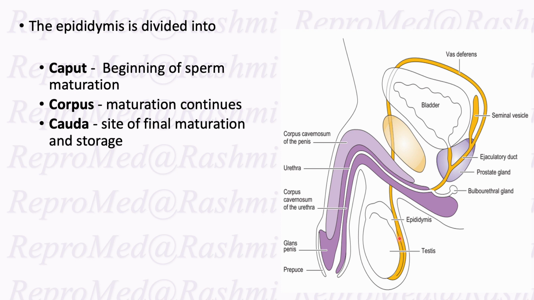The body of the epididymis is known as corpus, while this is the cauda, immediately down, from where the vas deferens further starts. This is the site of final maturation and storage of the sperms. So sperm storage happens in the cauda epididymis.